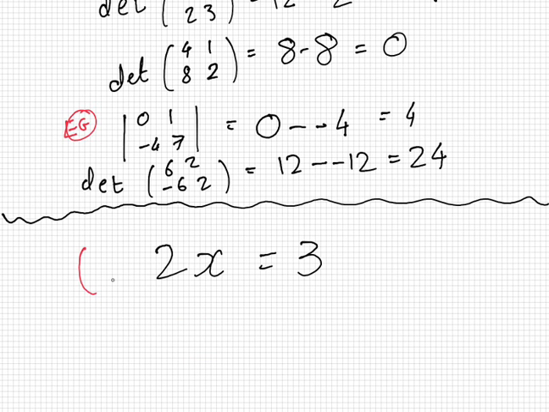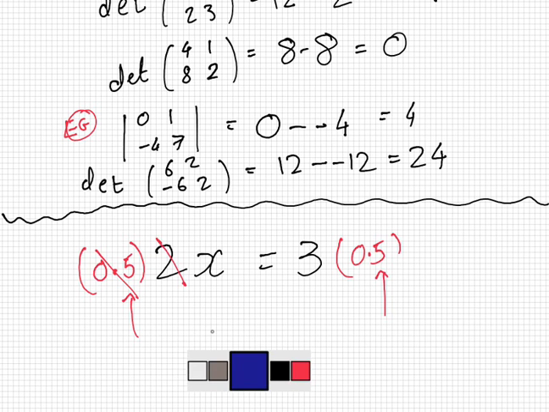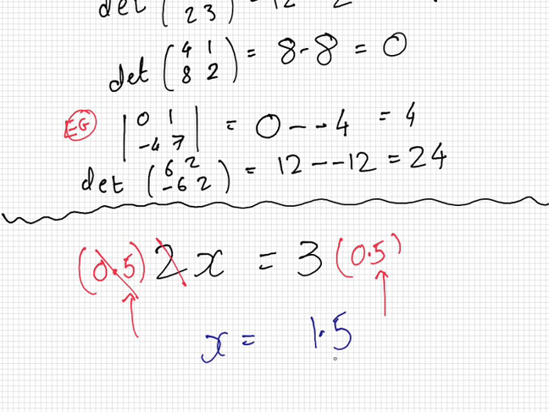So what number should I multiply both sides by to cancel the 2? Yeah. Or as a decimal, 0.5. So you see, if I multiply both sides by 0.5, they cancel, and I'm left with x equals 1.5.